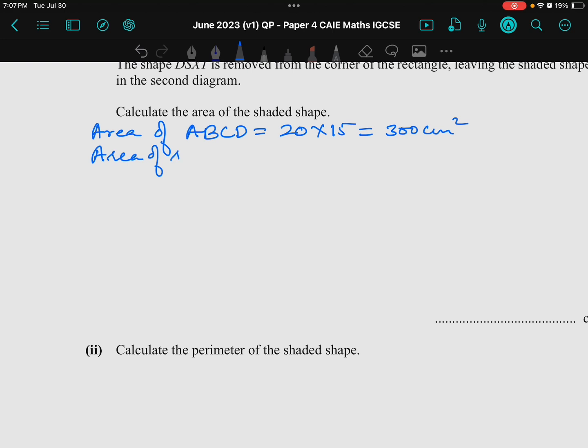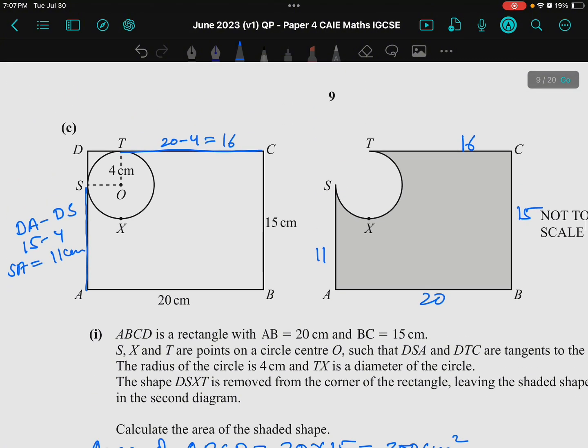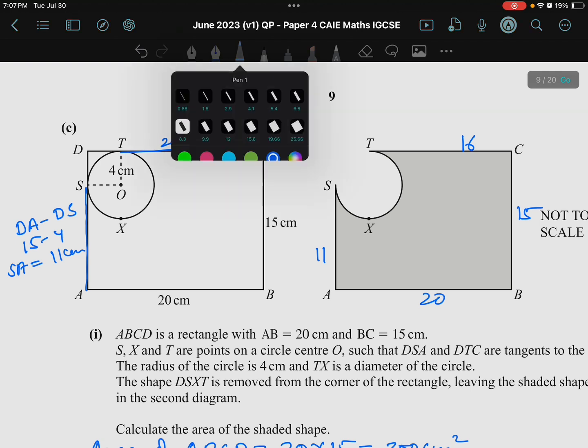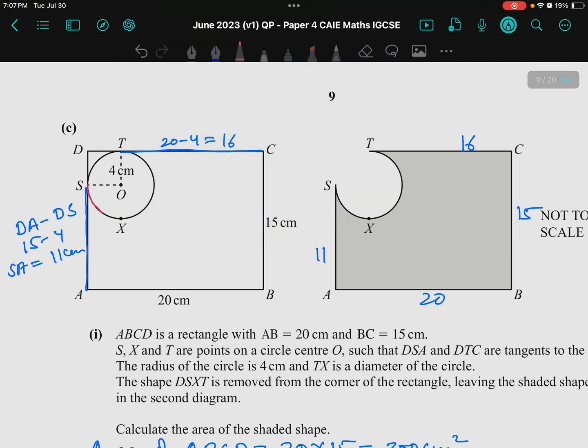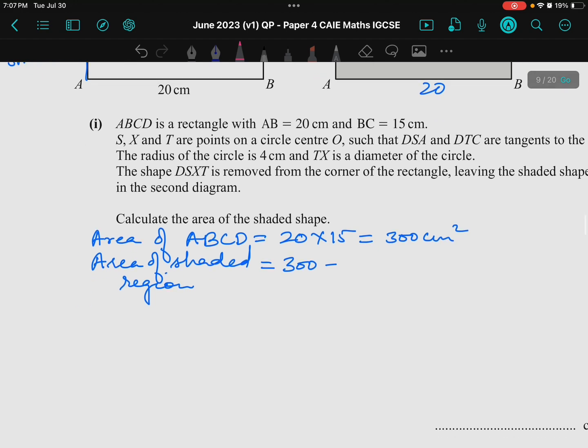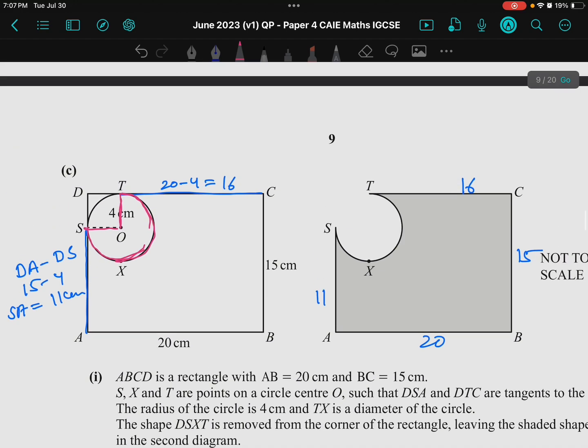So what is the area of shaded region? Total area, which is the area of the rectangle. From there I will subtract the area of the circle, but this circle is not a full circle. This circle is 3/4 of a circle. So I will subtract the area of this circle, plus I will also subtract the area of this square.